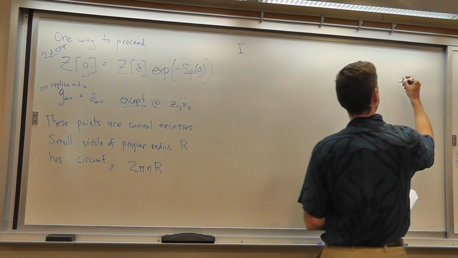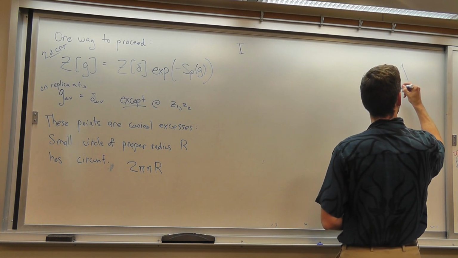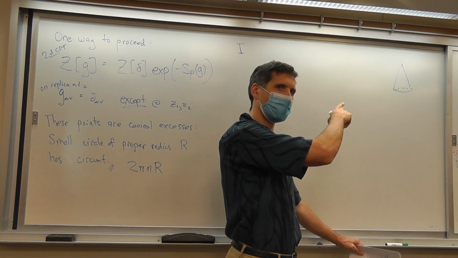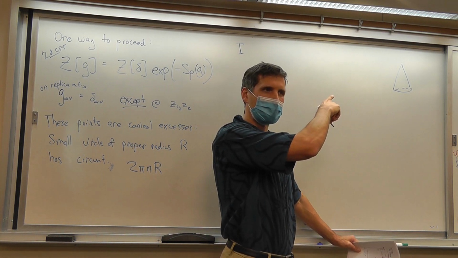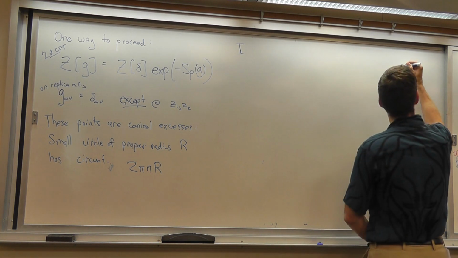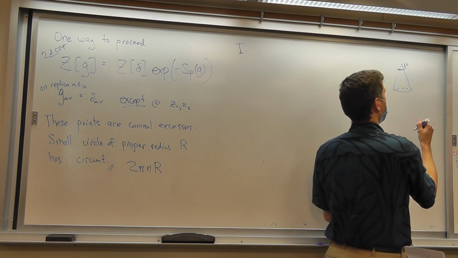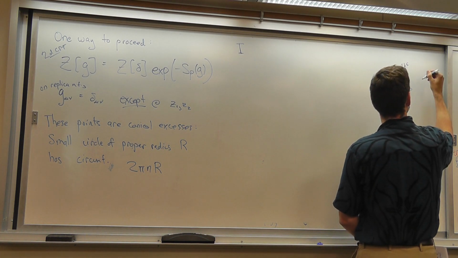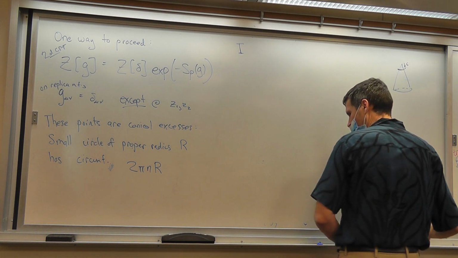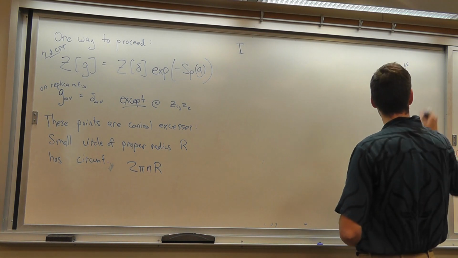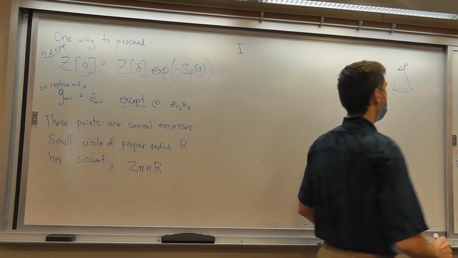So what you have to do is, you have these, well, I don't know how to draw a conical excess. I could draw a conical defect. So you have these pointy spots, and what you have to do is cut out little circles of size epsilon, and you cut out the manifold there and replace it by something smooth.